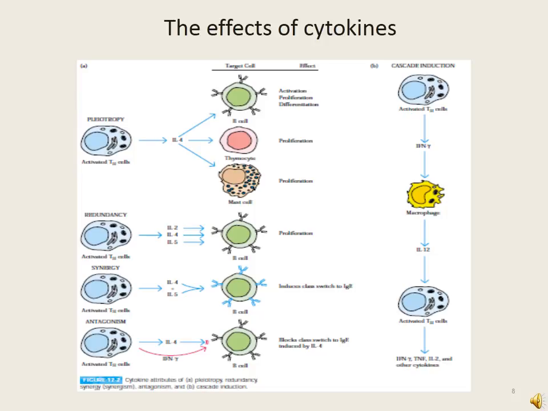Like in the figure, you will see that interferon gamma released from the T helper cell will activate macrophages to release interleukin-12, and this interleukin-12 can activate another T cell. Okay.